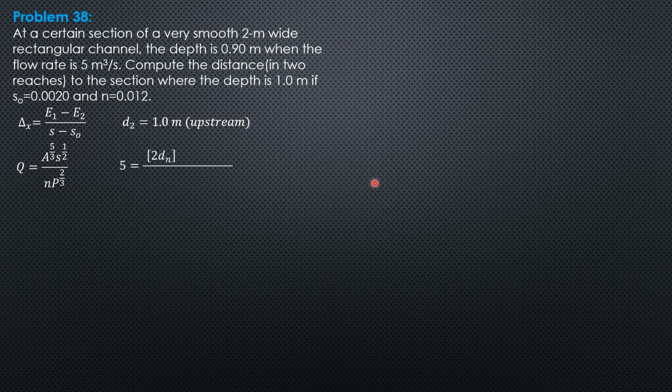So substitute: 2 times normal depth raised to 5/3, times 0.002 raised to 1/2, over 0.012 times quantity 2 plus 2 normal depth, quantity raised to 2/3. So using your calculator, the normal depth is equal to 1.114 meters.